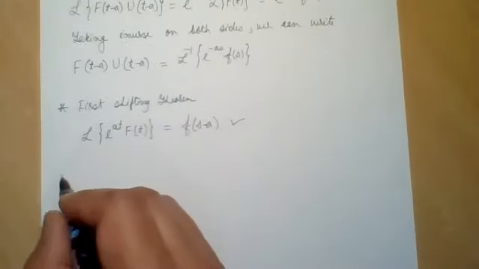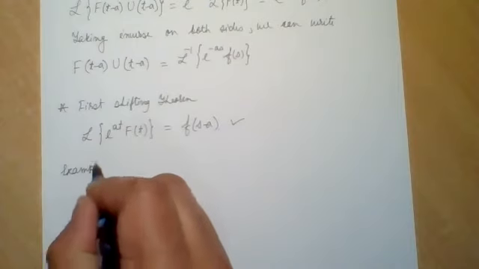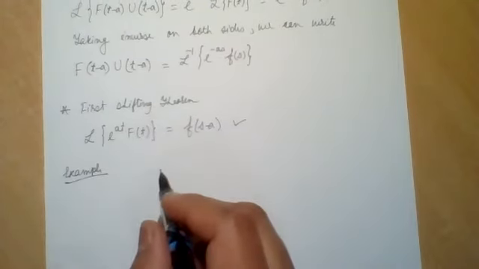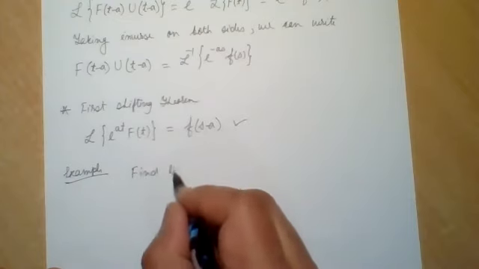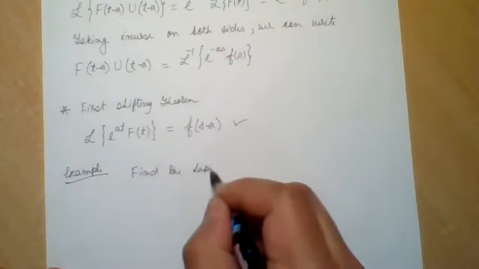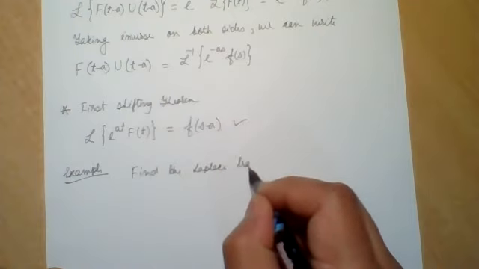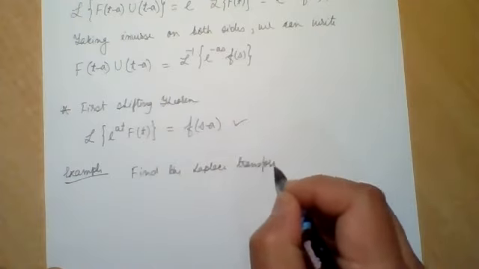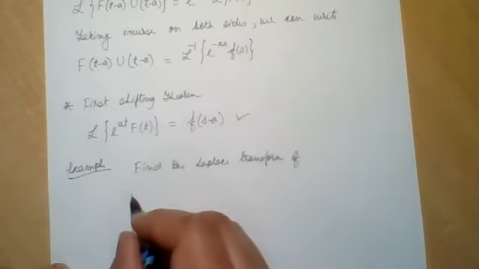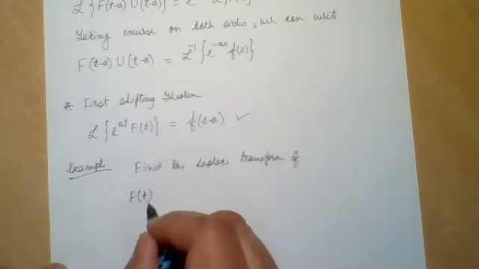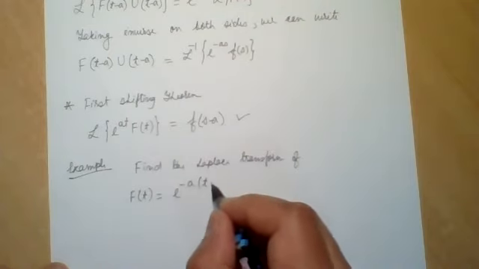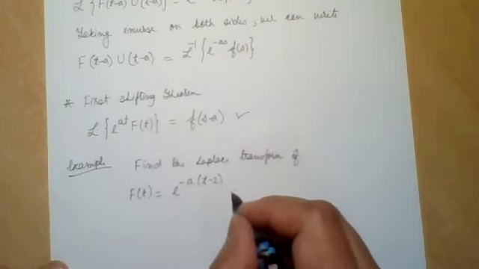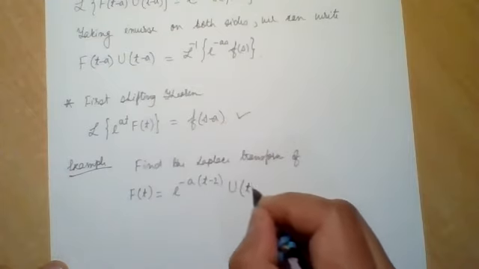Okay, as an example, let us consider an example. Find the Laplace transform of the function f of t equal to e to the power minus a times (t minus 2) u of (t minus 2).